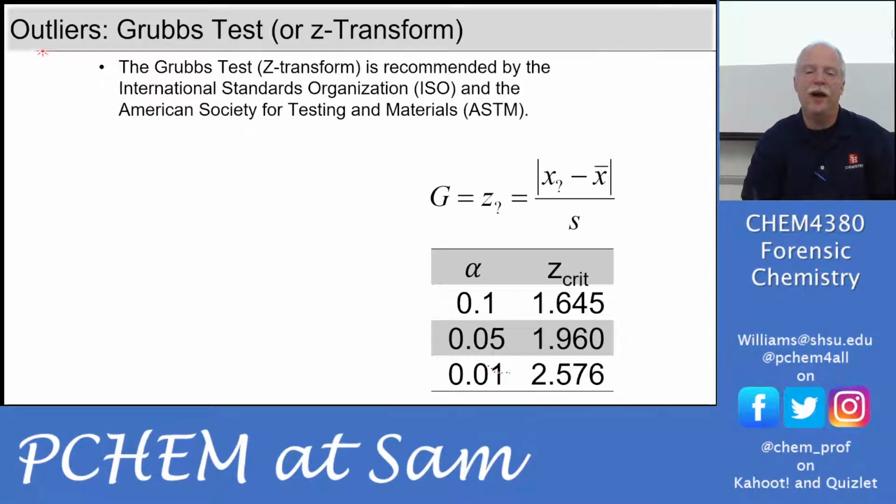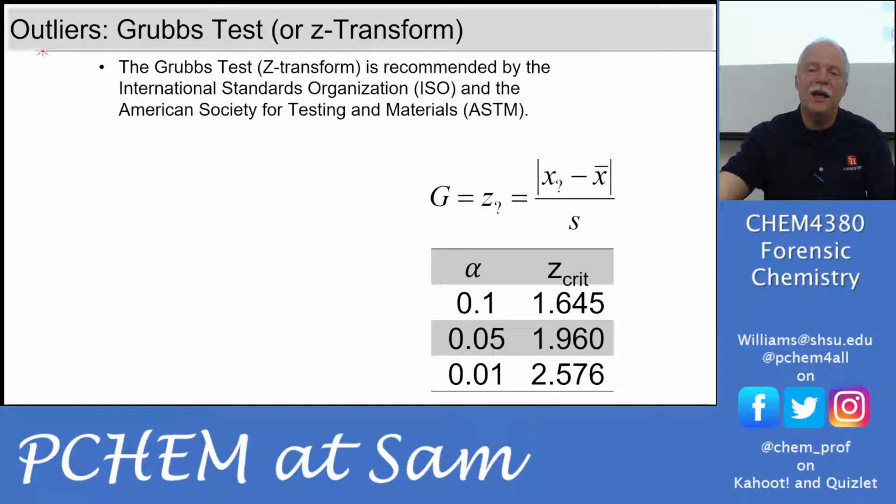At alpha 0.05, this 1.96 is that Z value, that's how many sigmas would capture 95% of the area under a normal distribution curve. So it's nice in that it uses that same Z table that you're familiar with. It's based on population statistics, so there's not a number of data points to use. And that may be a weakness if you have less than 15 data points. It might give you an outlier when you really don't have one.